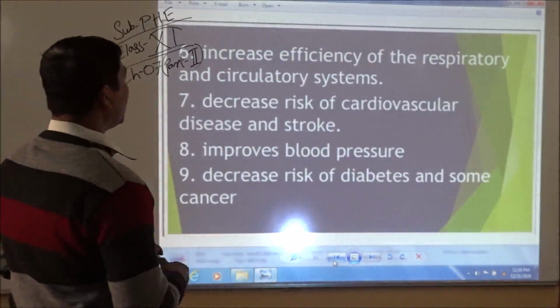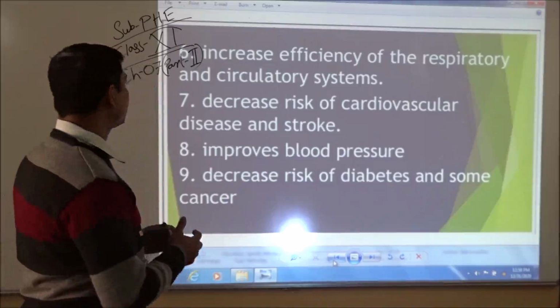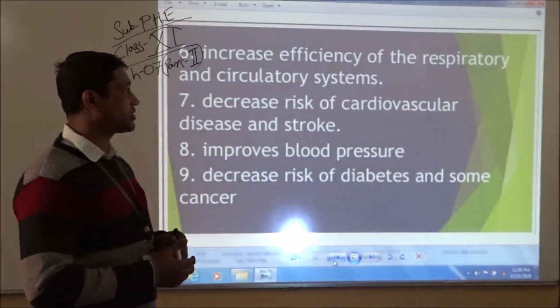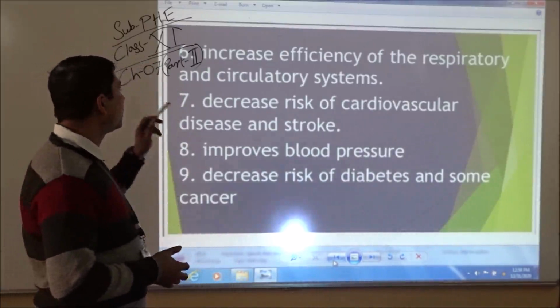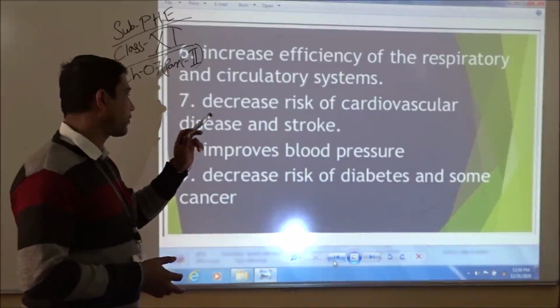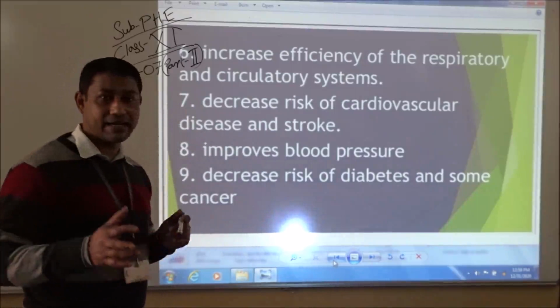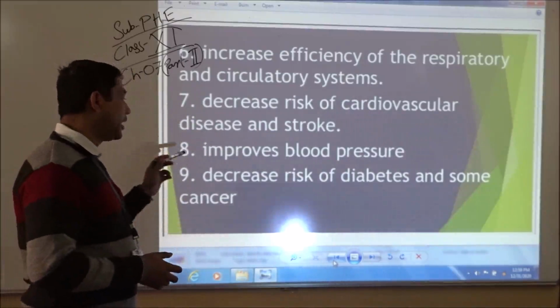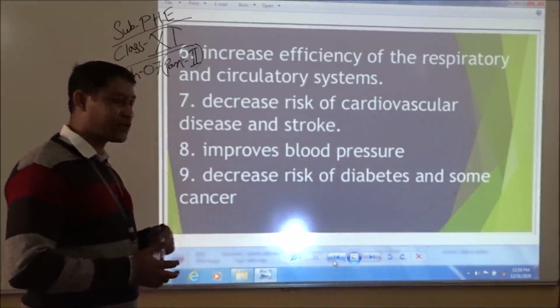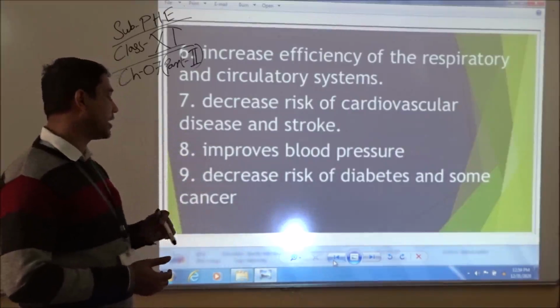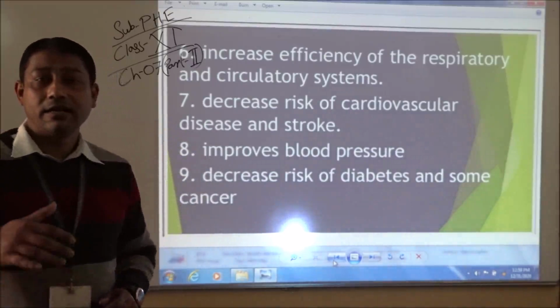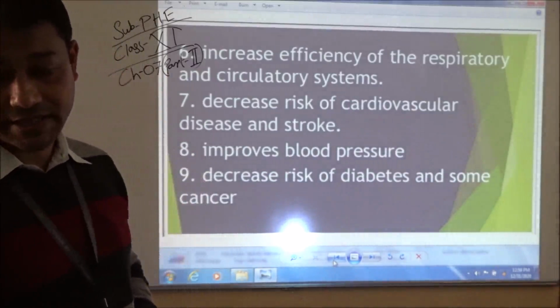Sixth betterment is it increases the efficiency of the respiratory and circulatory system. It decreases the risk of cardiovascular diseases and stroke. It improves blood pressure. It decreases the risk of diabetes and cancer-related diseases.